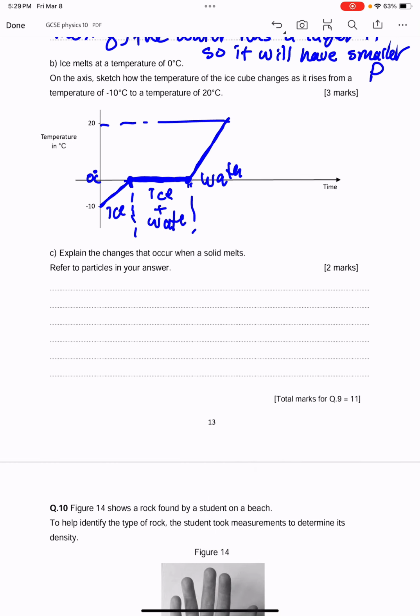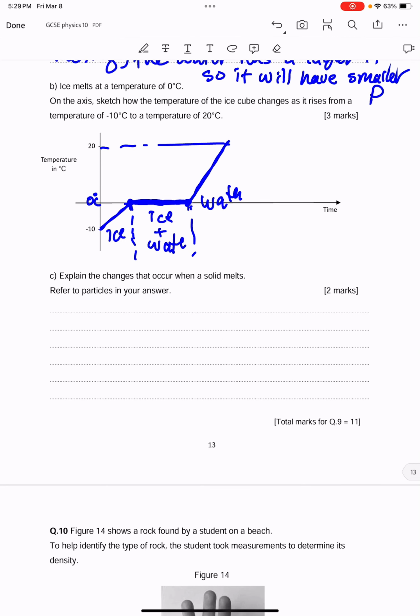So what's happening when the time is going and we gain some thermal energy, but the temperature is not rising? It's changing its phase, right? The ice cube is melting.